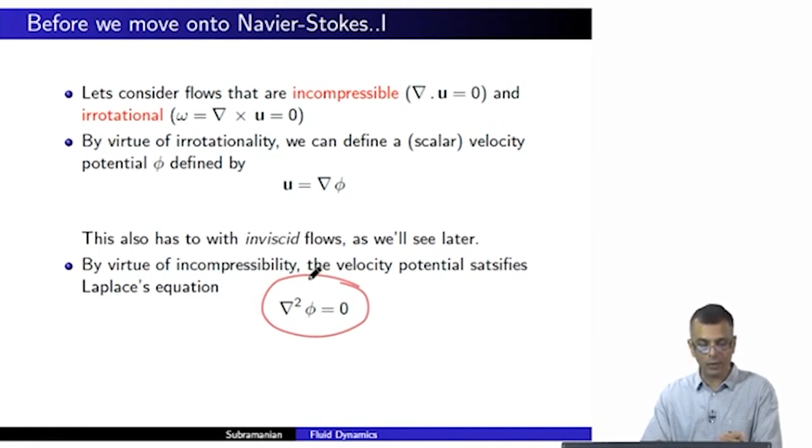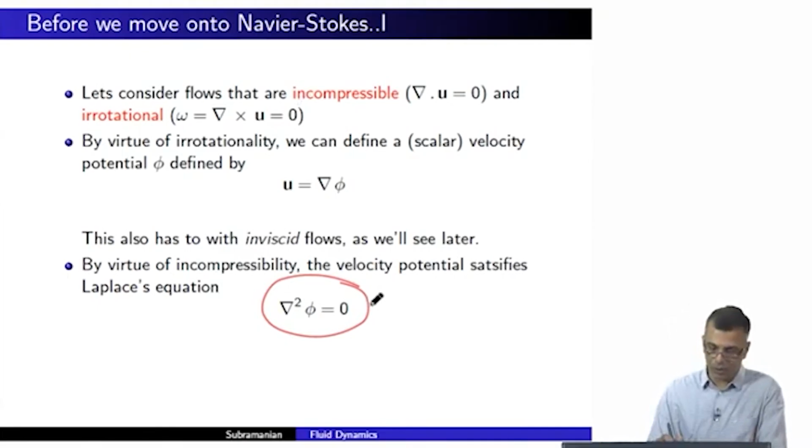So we are looking at solutions of Laplace's equation for the velocity potential. This is something that's well known from many fields, say from electrostatics. So we can take advantage of many of these results in dealing with flows that are effectively incompressible and irrotational.